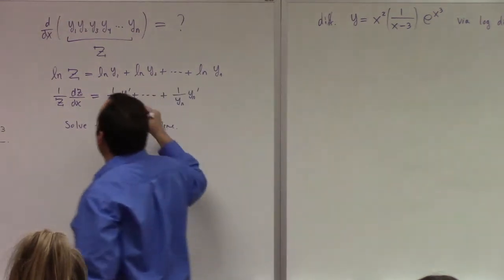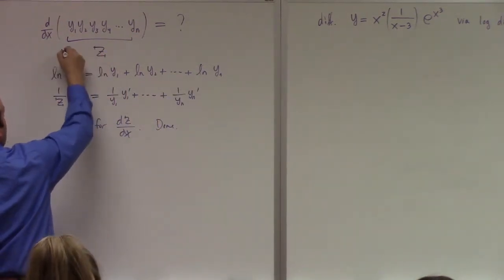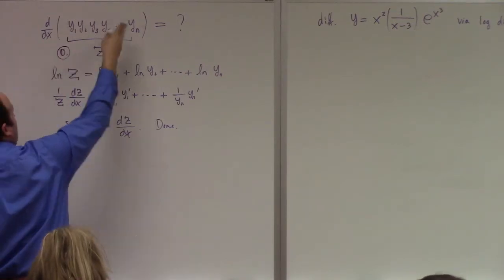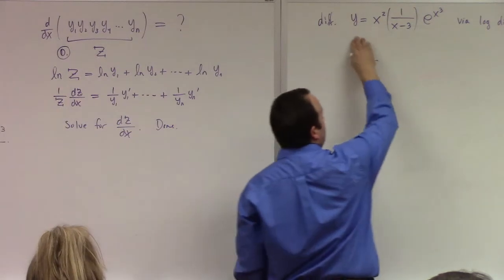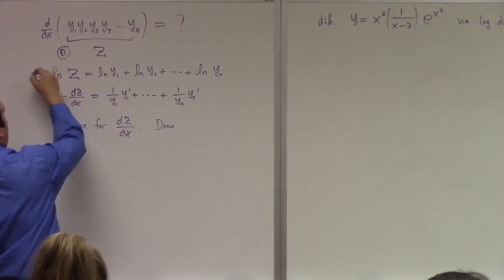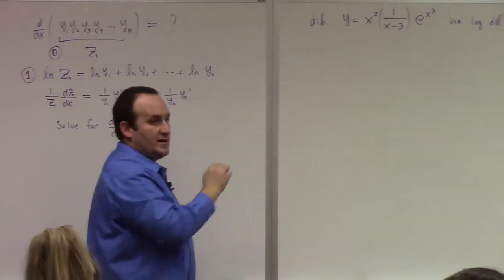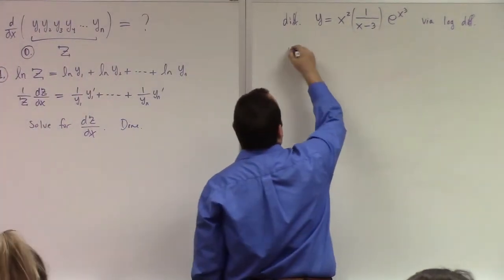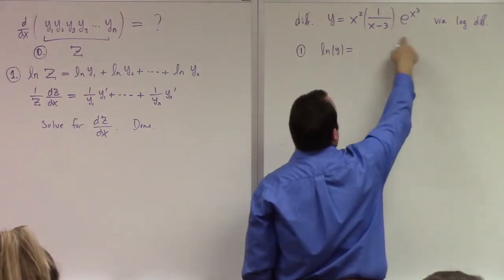Step number 0 is to give a name to the thing you're differentiating. I kind of already did that for us. I called it y. All right. Step number 1 is then to take the natural log of what you're given. So natural log of y is equal to the natural log of this, right?